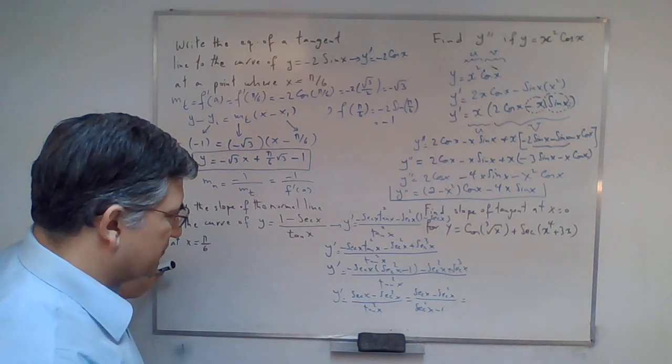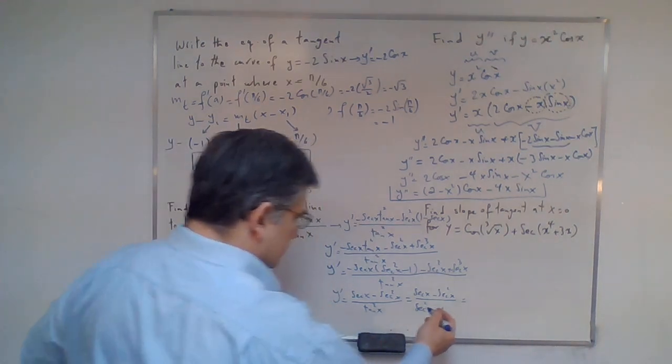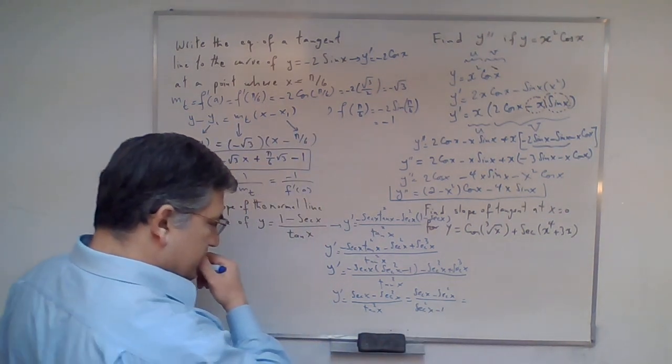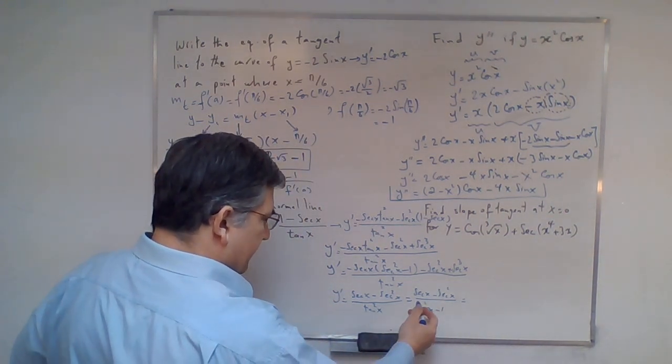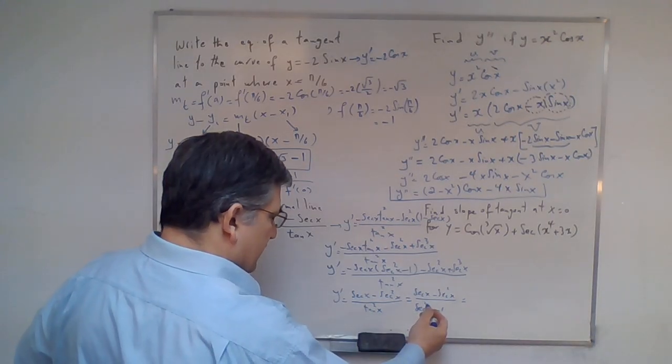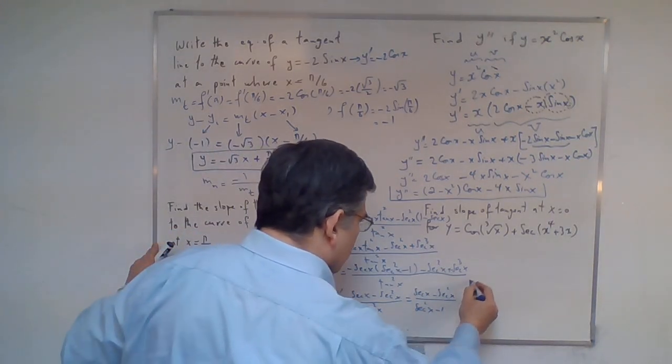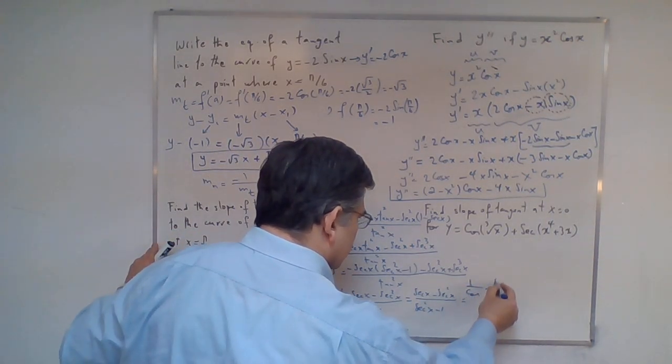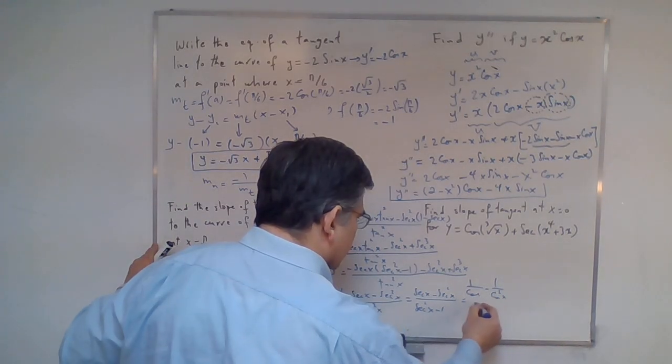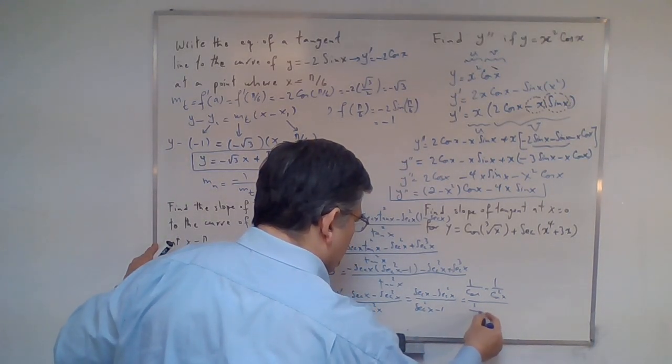Let's see how we can simplify this. In the numerator, for example, if I write 1 over cos, so this becomes 1 over cos x minus 1 over cos squared of x. The denominator would be 1 over cos squared of x minus 1.